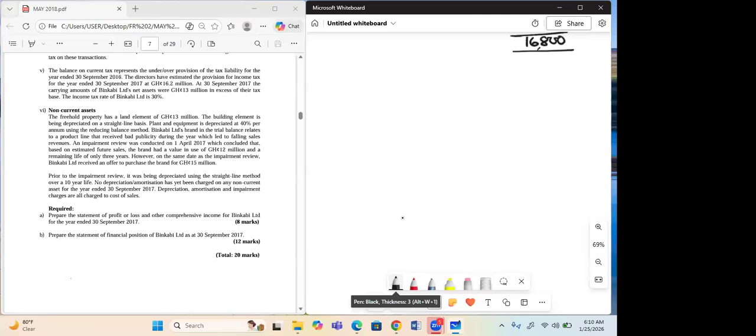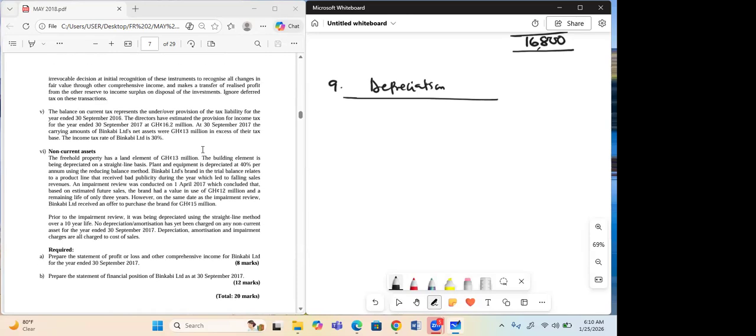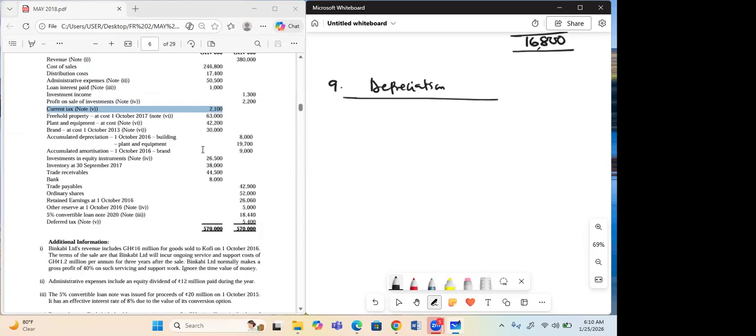So working 9. Let me do depreciation. They said the freehold property has a land element of 13 million. So let's go there and check. The freehold property is 63,000, and it has a land element of 13.